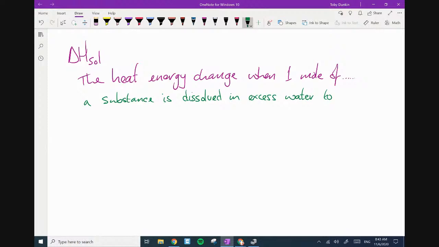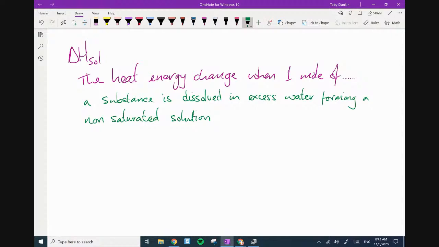Substance dissolved in excess water to form an unsaturated solution. Forming a non-saturated solution. You don't want to hit saturation. Yeah, you're trying to avoid it.